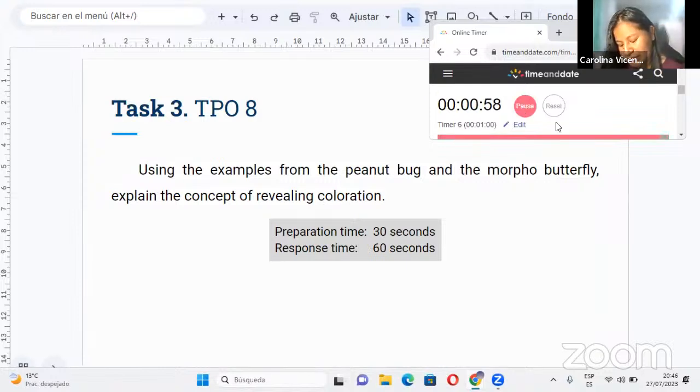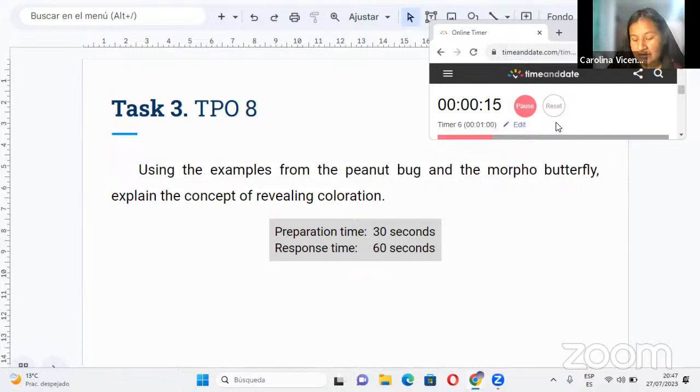Okay. According to the passage, revealing coloration is a strategy that animals use to hide from predators. The professor mentioned two examples of those animals. One was the peanut bug, that I understood has colorful wings, so when they are attacked by another insect or another animal, they show these colors, and it is going to confuse the animal, and it is going to get a chance to escape, right?